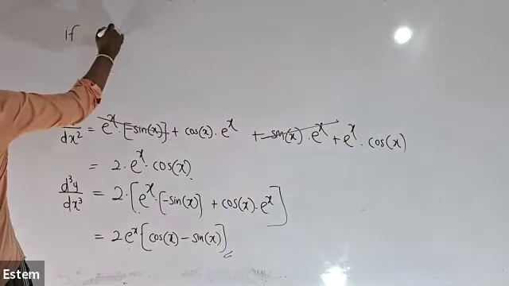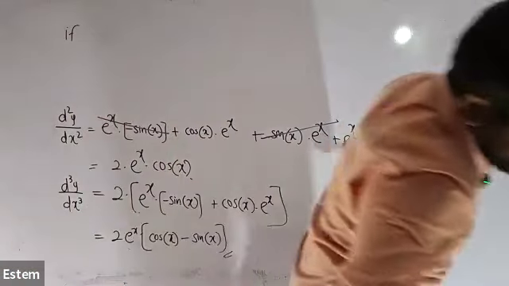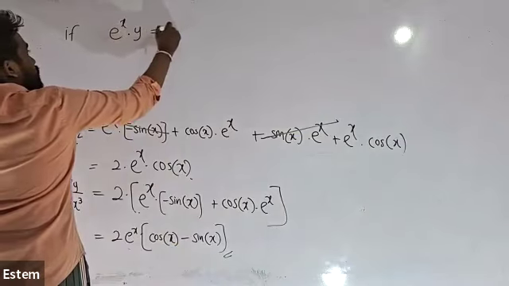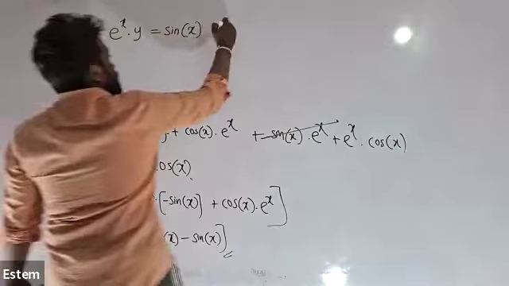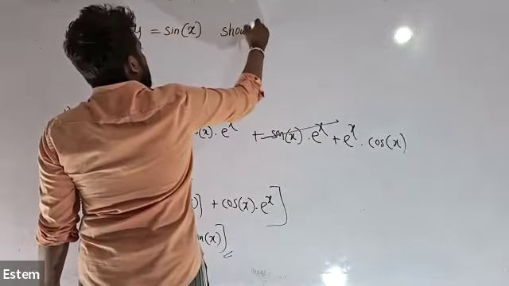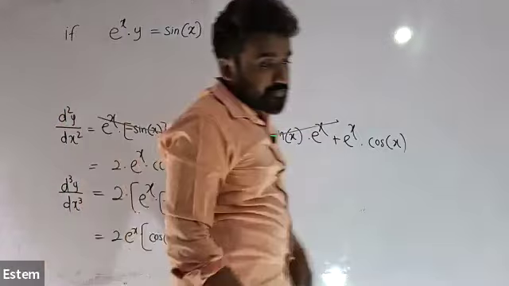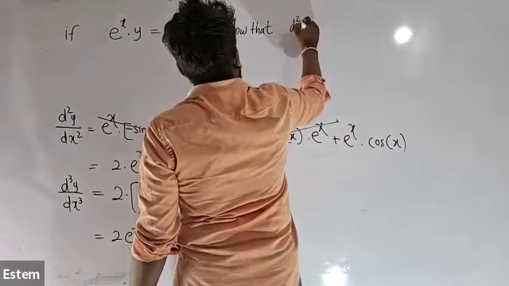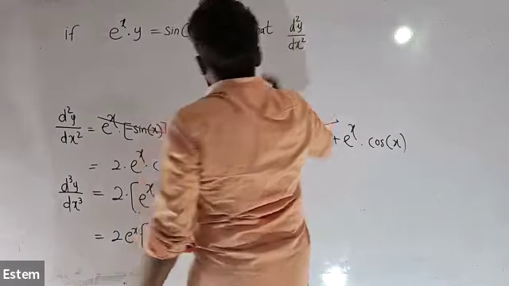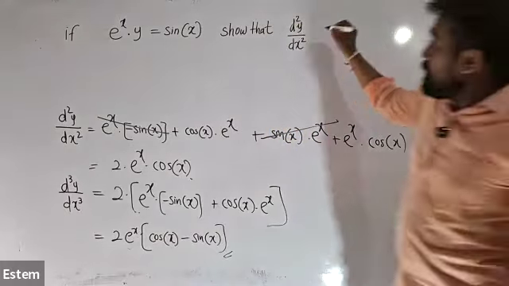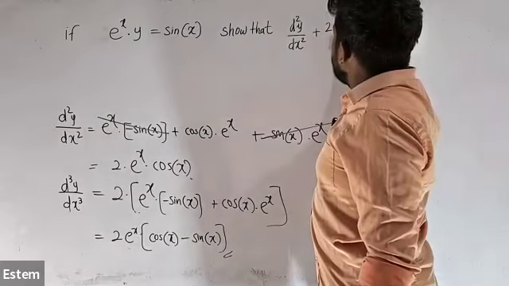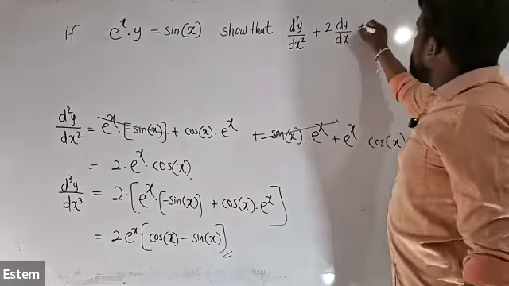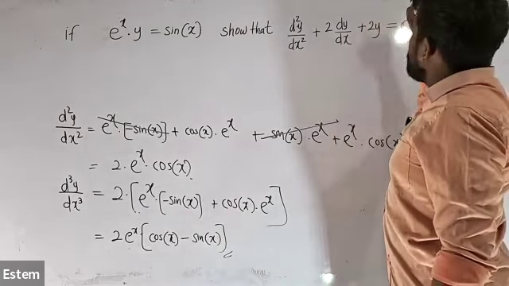If ex y equals sin x, then show that d squared y over dx squared plus 2 dy over dx plus 2y equals 0.